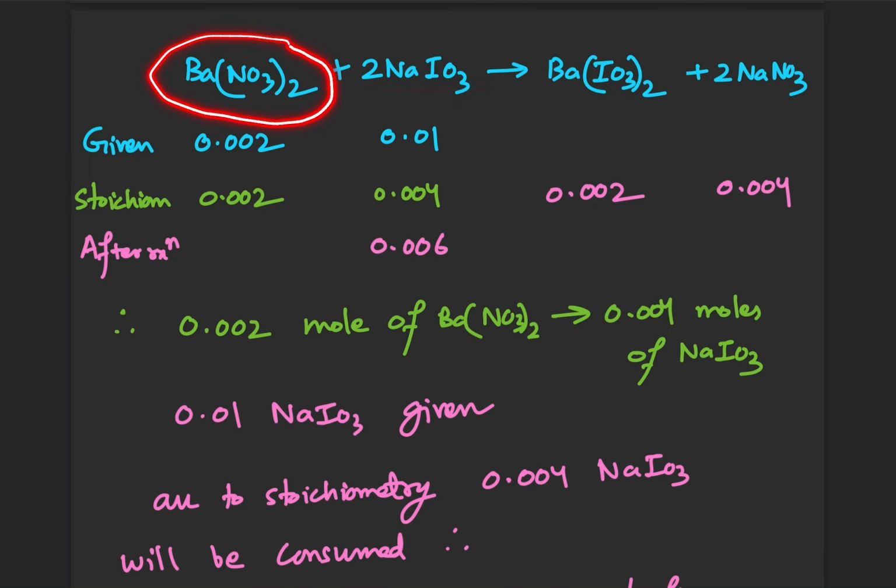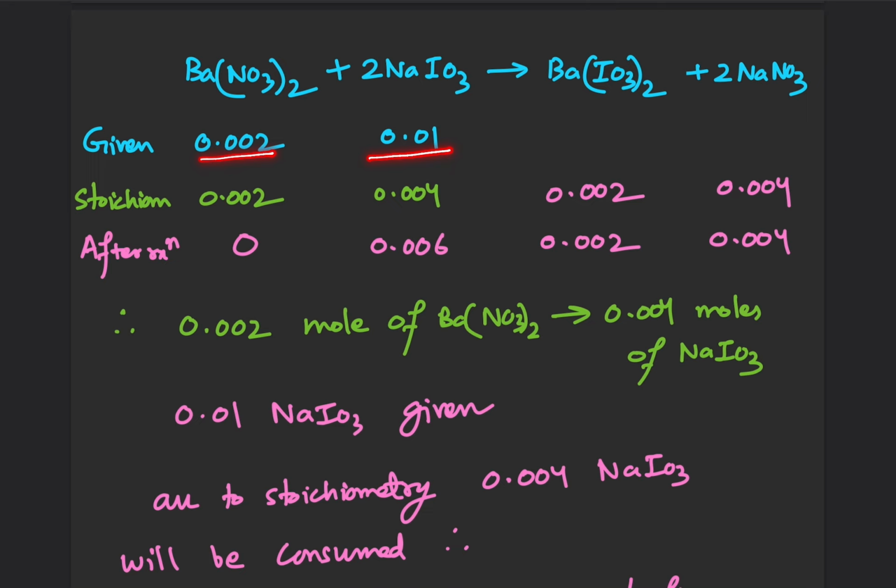All of the barium nitrate would have been consumed because this is the limiting reagent. So therefore, here it will be 0. And in the products, we will be getting 0.002 moles of barium iodate and 0.004 moles of sodium nitrate. Okay. So we started with 0.002 moles of barium nitrate and 0.01 moles of sodium iodate.